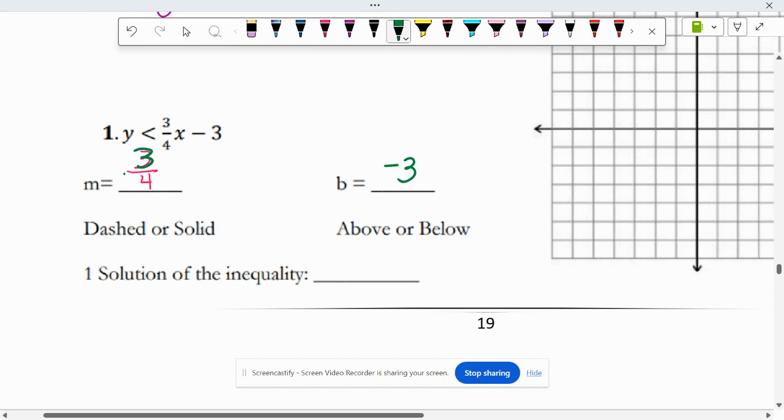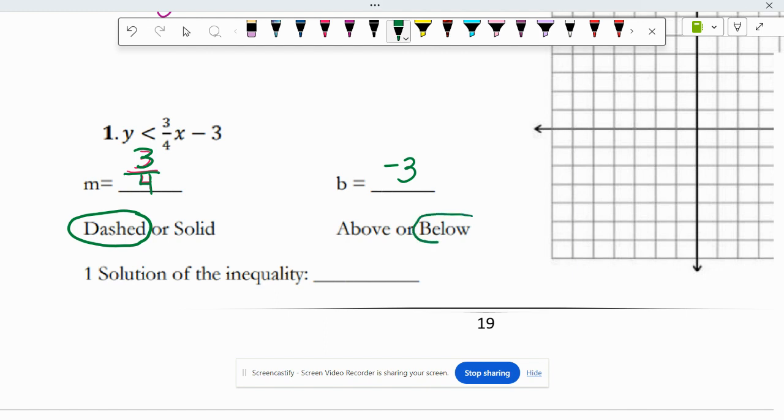Look at the symbol. Does the less than symbol produce a solid or a dashed line? Dashed, so just circle dashed. And does the less than symbol mean I shade above or below? Below, it's less than. So let's go ahead and graph that.